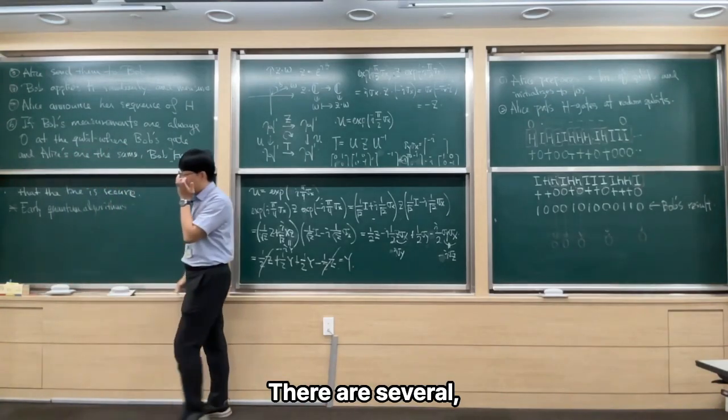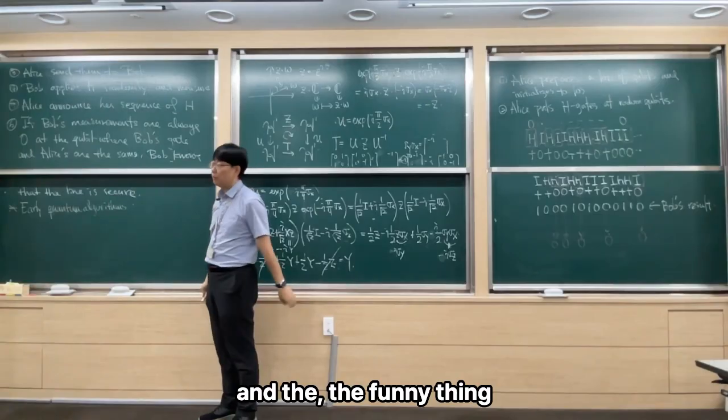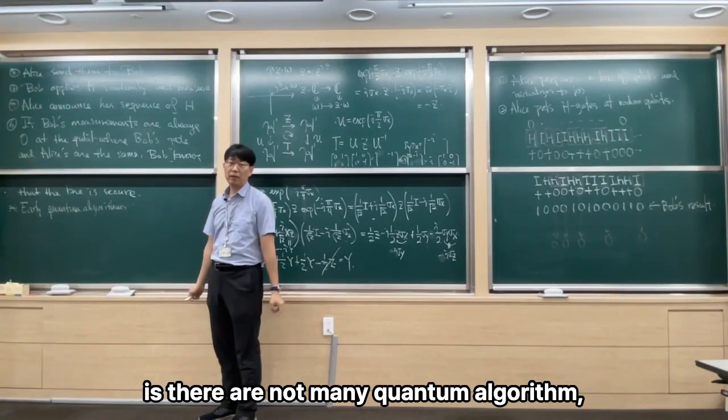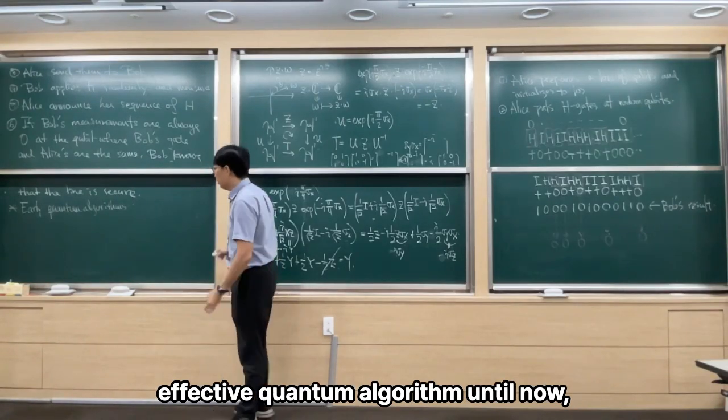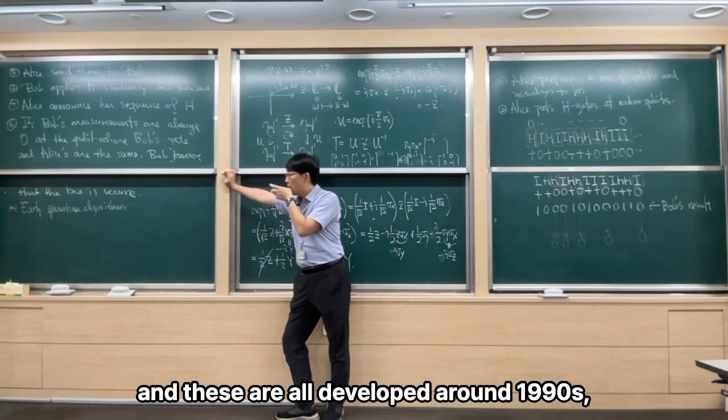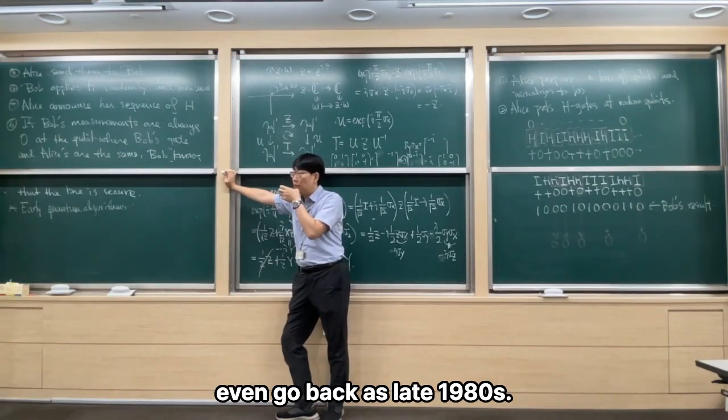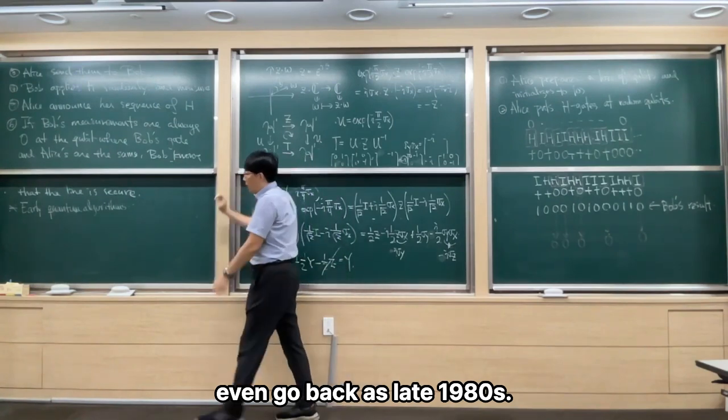There are several, and the funny thing is that there are not many effective quantum algorithms until now, and these were all developed around the 1990s, even going back as late as the 1980s.